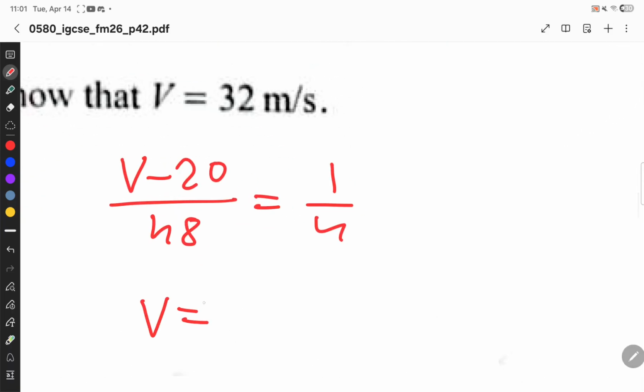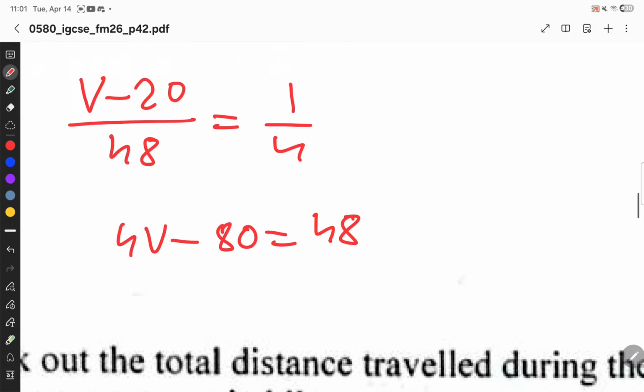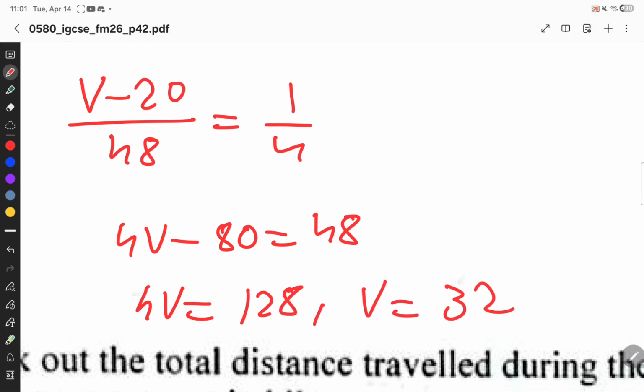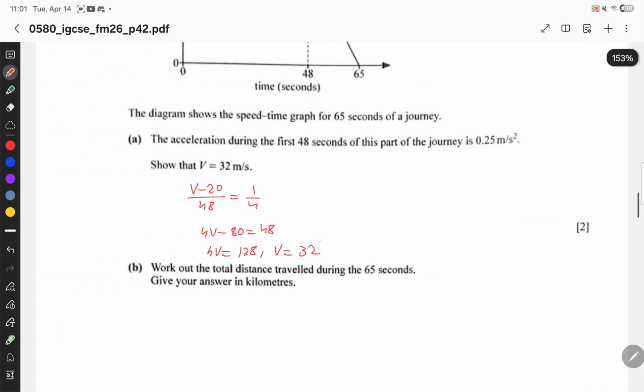So 4v minus 80 is equal to 48. 4v is equal to 48 plus 80, which is 128, so v is equal to 128 divided by 4, which is 32.